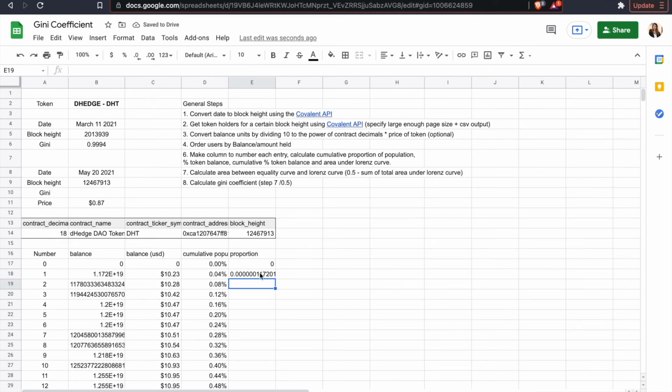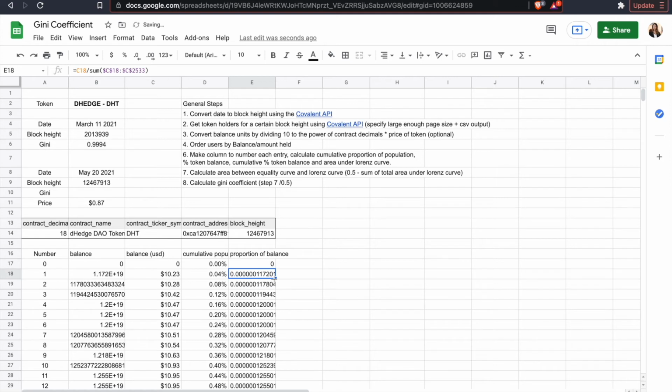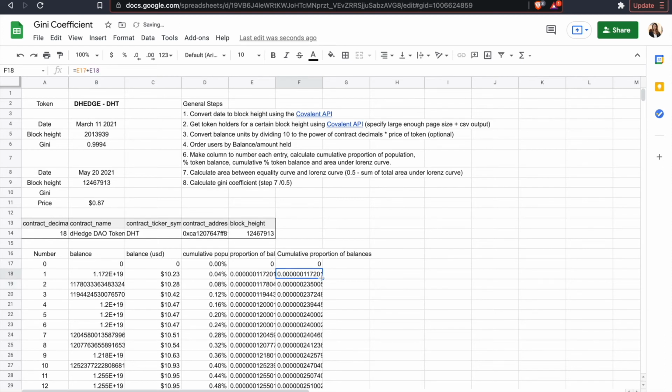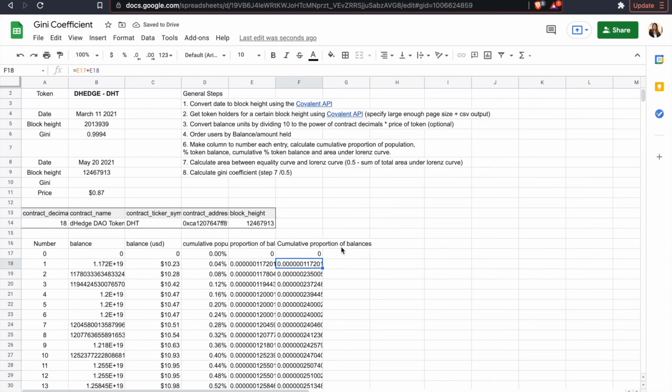So this is the proportion of balance. I'm going to bring that down, and then we want the cumulative proportion of balance. And that's just continue accumulating it. And then lastly, you want to find the area under the curve.